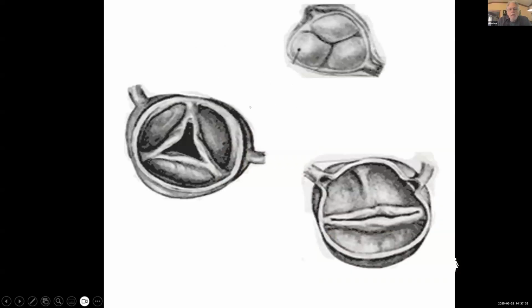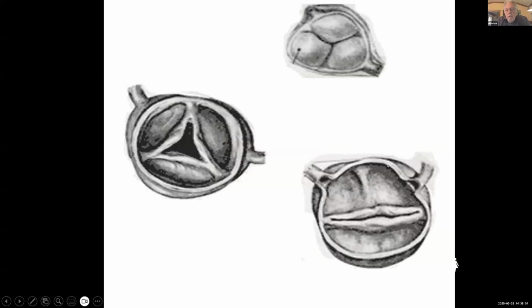Just to briefly begin, I don't need to tell this audience the significance of the bicuspid aortic valve in Turner syndrome, but I'd like to take a moment to point out a few things that maybe nobody has really thought much about. Here we have the normal configuration, looking from below, of the aortic valve with three symmetrical and equal size leaflets.